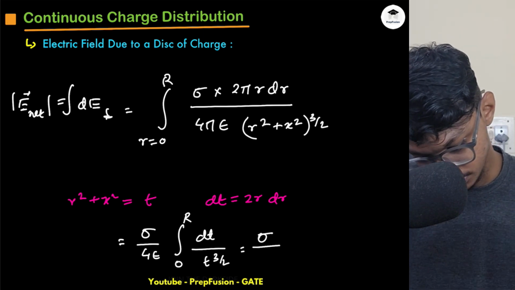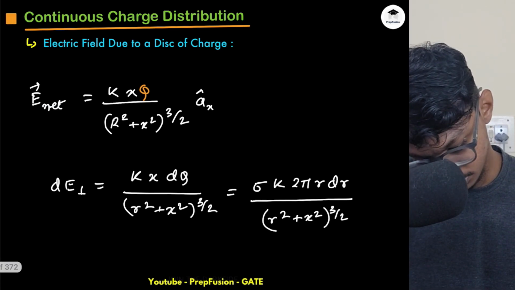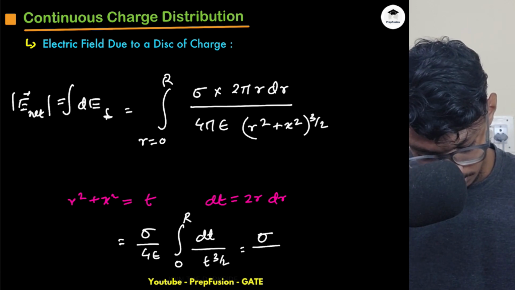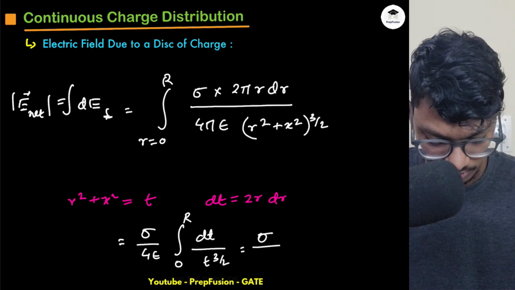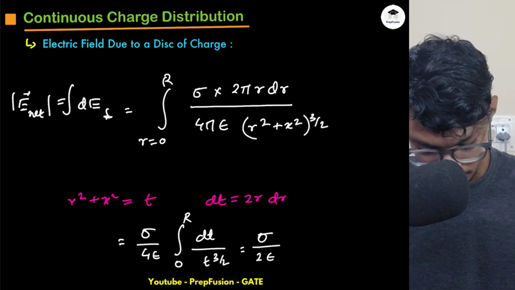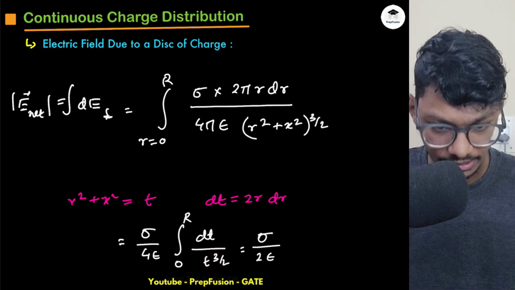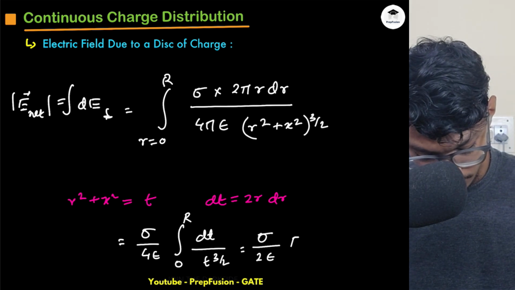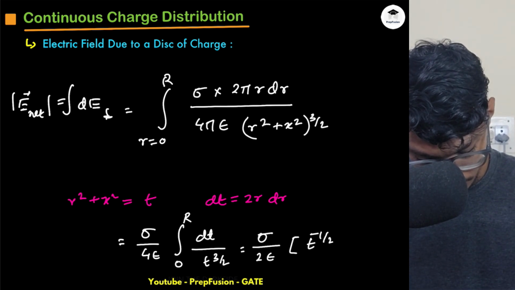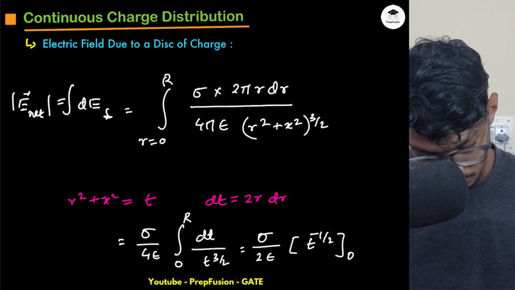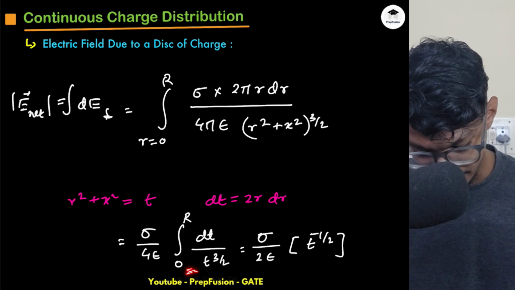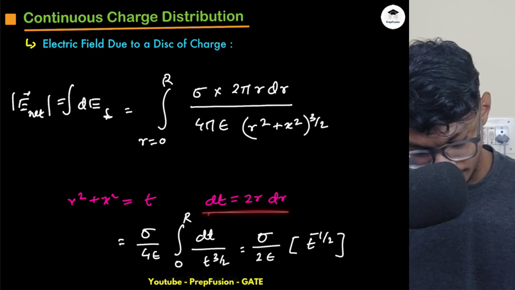Okay, I think this is okay. Obviously there is a 1 by 2 that will also be there. So if I integrate this, it will become 2 by epsilon, because the power will also be multiplied, so this will come out to be t raised to power minus 1 by 2. The limits have changed now because I've changed to dt.